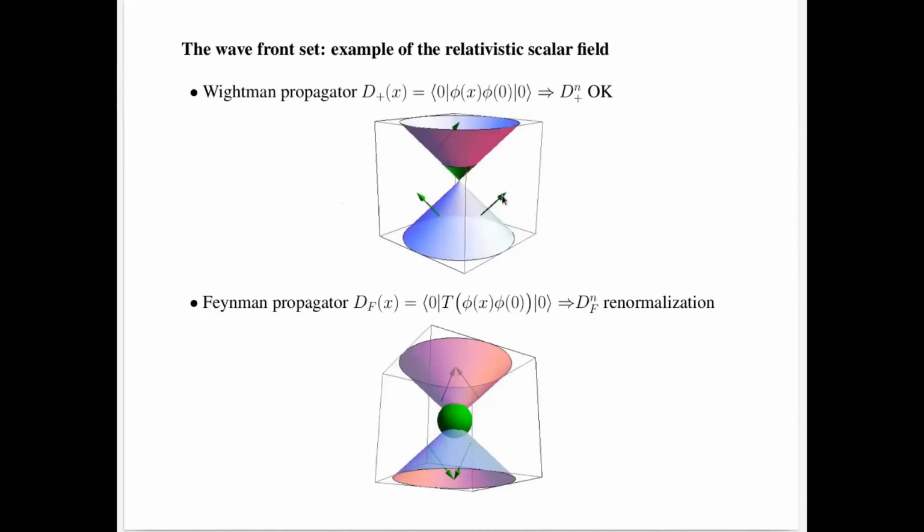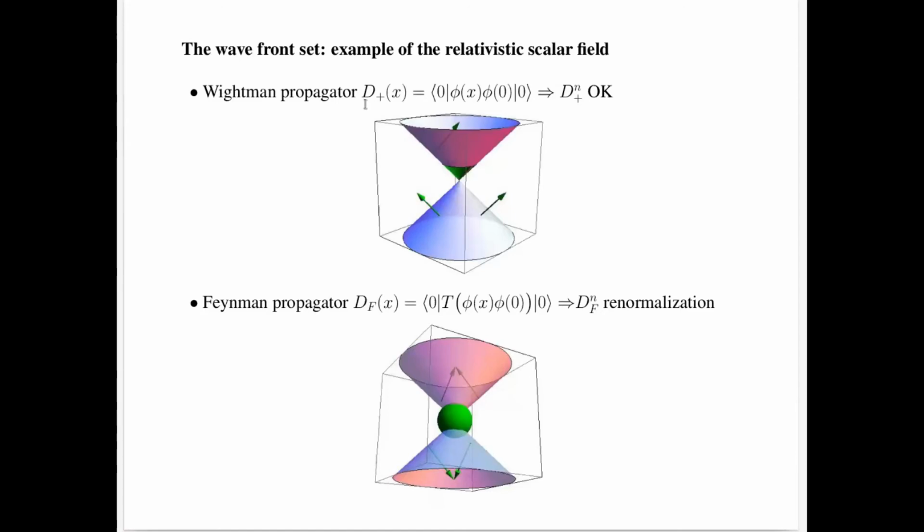And so they are represented by this arrow. So I take the Wightman propagator. The Wightman propagator is the vacuum expectation value of the product of the scalar fields, so they are relativistic fields, phi of x times phi of 0. And this Wightman product is called d plus of x.